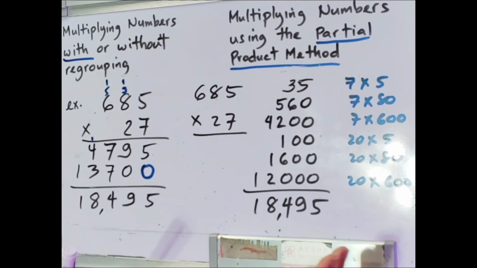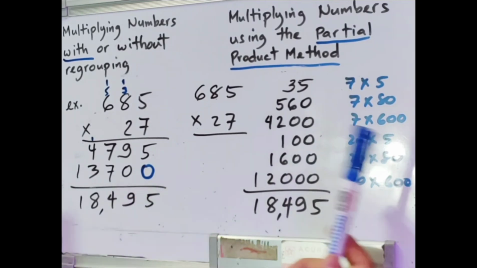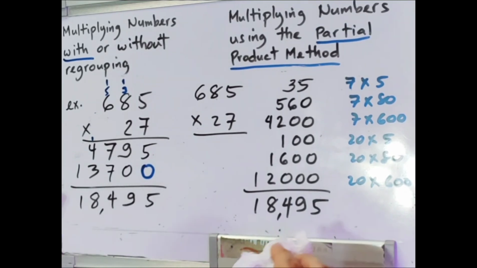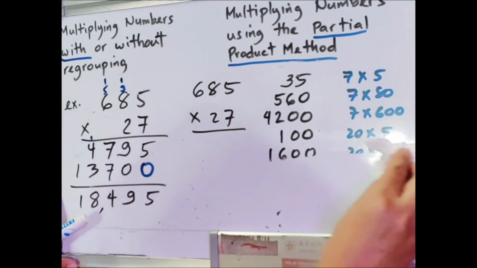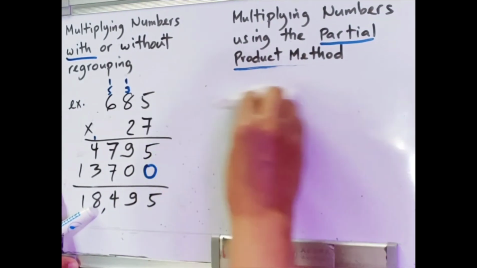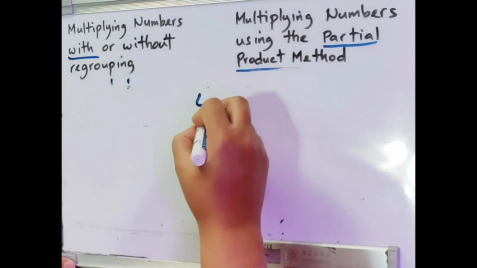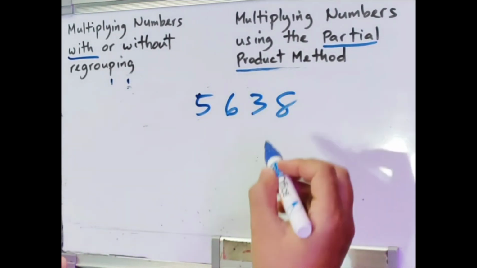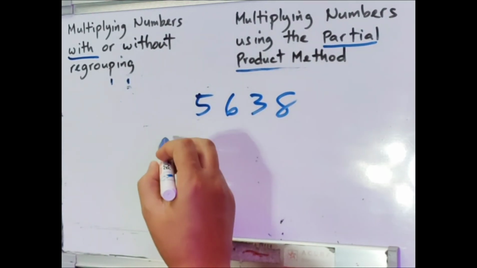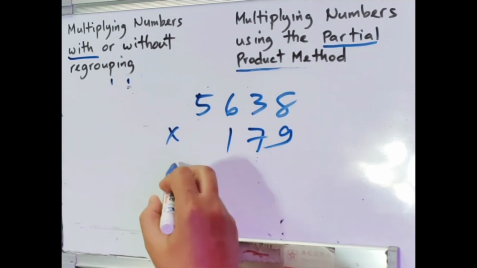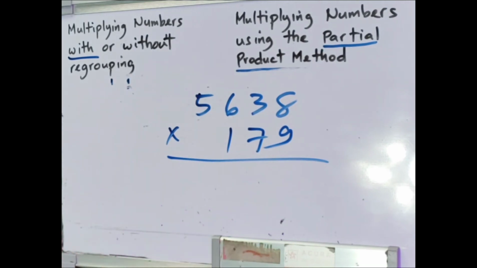So in general, if you have, say, a 4-digit multiplicand, say 5,638, and you are multiplying it to, say, 179, so it's a 3-digit number.